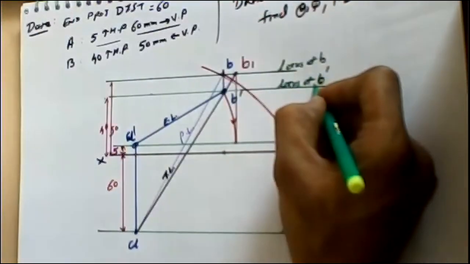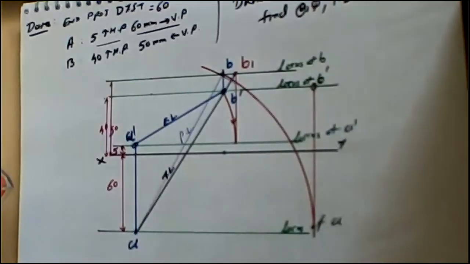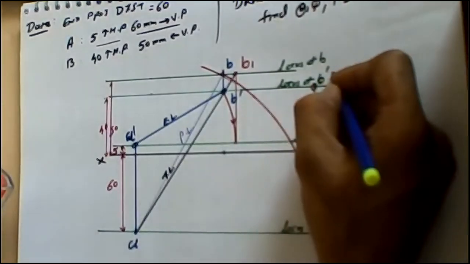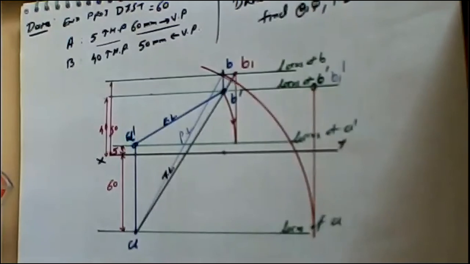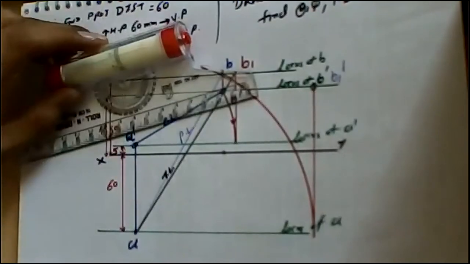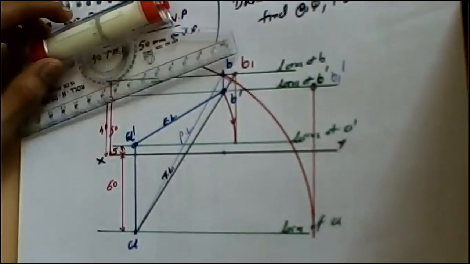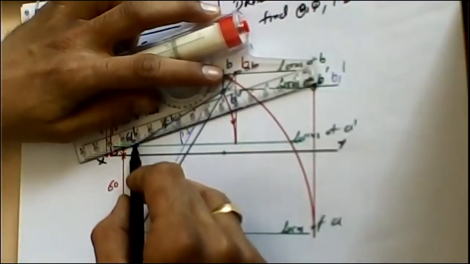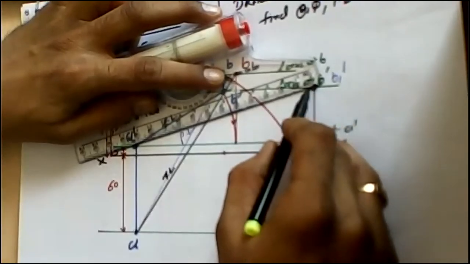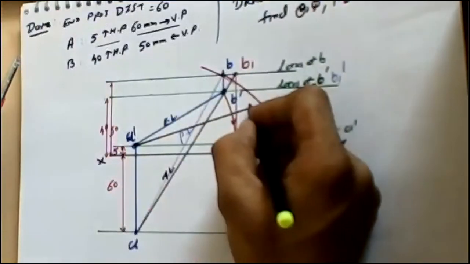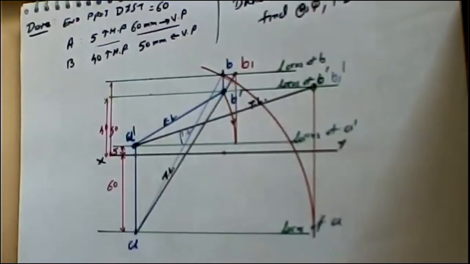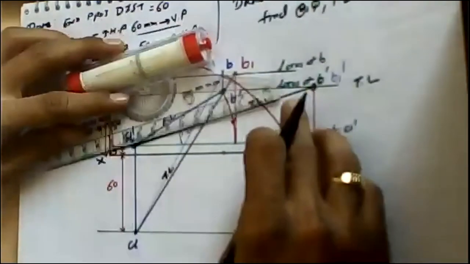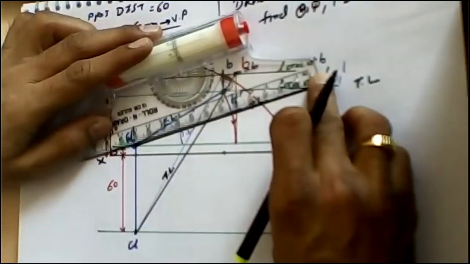So here we are going to have that new position, which is B1 dash. Now join A dash and B1 dash. It is also representing the true length, and it is going to be same. This is going to be the true length in elevation. And when you measure that true length, it is going to be same for both the cases.